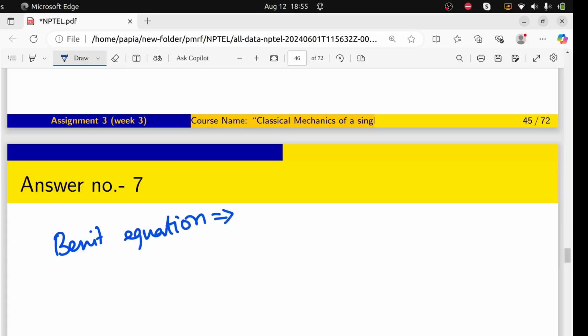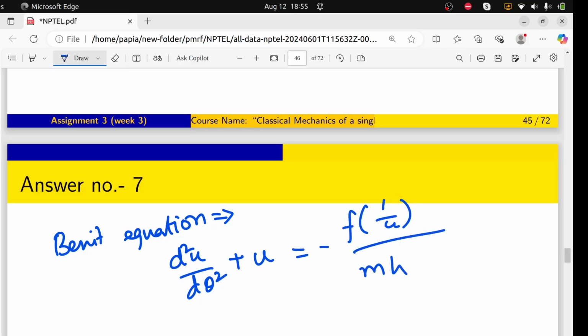This is d2u d theta 2 plus u equals minus f(1 by u) divided by m h square u square, where h is what? h is r square theta dot, which is a constant.